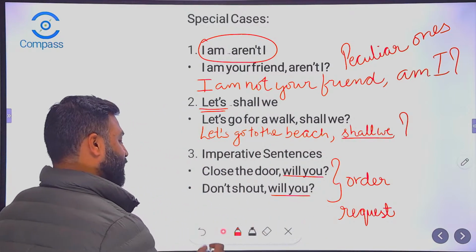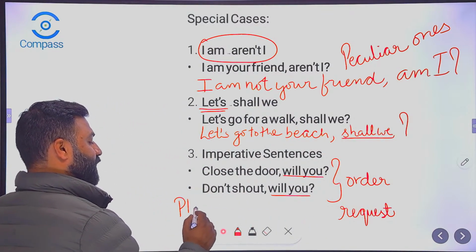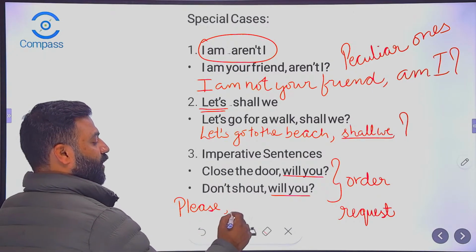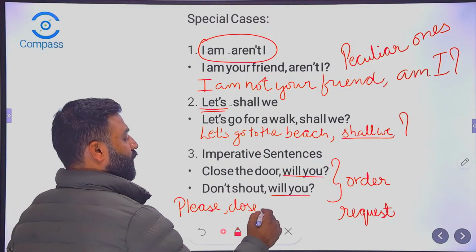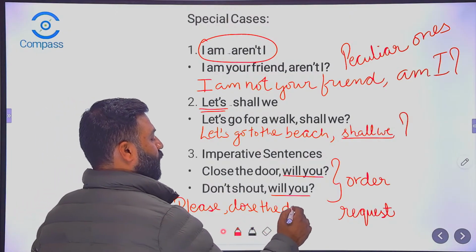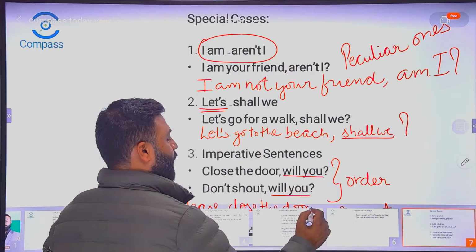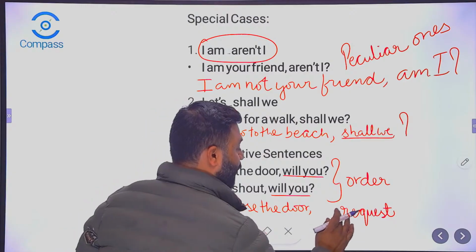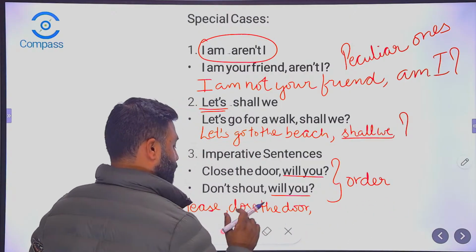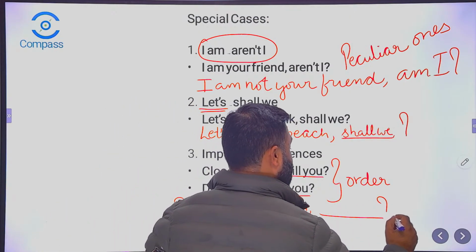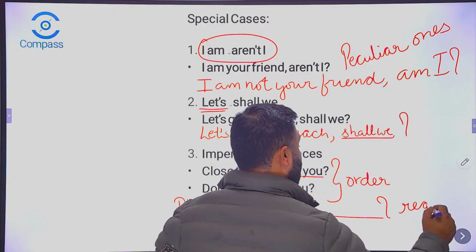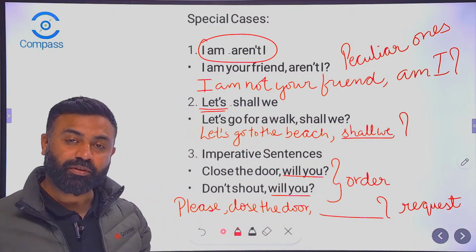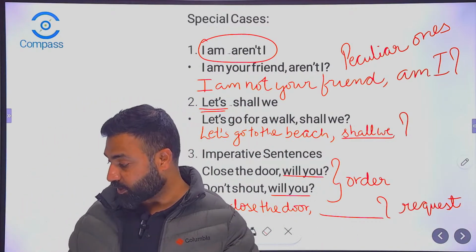Let's have a sentence with please. Please close the door, and a comma. So what do you think? What will come here? Come on. It's a request. You can answer in the comment section. What do you think?